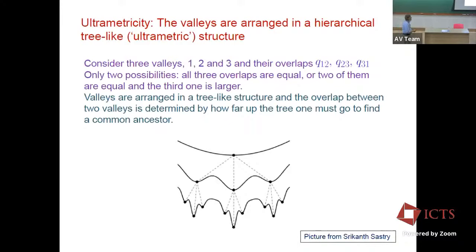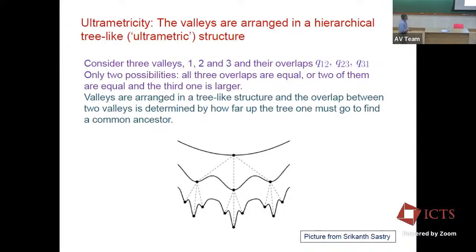But if I look at 1, 2 here and a 3 there, then the overlap of 3 with 1 and of 3 with 2 will be smaller, because if I take something from here and something from there, I again have to go up 2 levels to reach a common ancestor. So the overlap between 3 and 1 and 3 and 2 will be smaller, and the overlap of 1 and 2 will be larger.